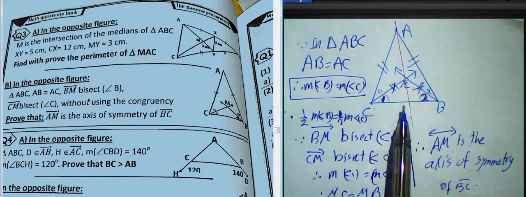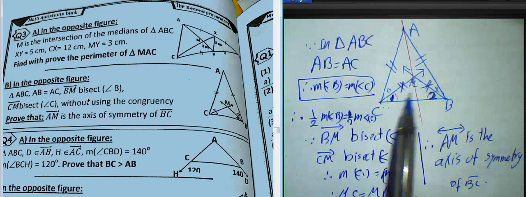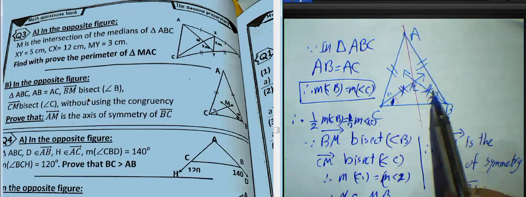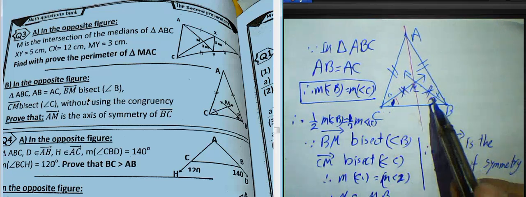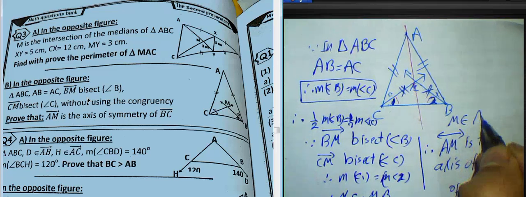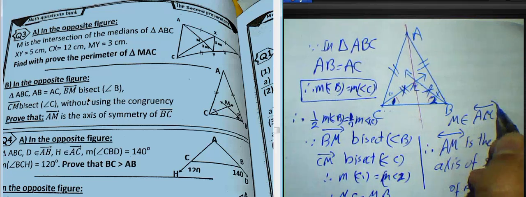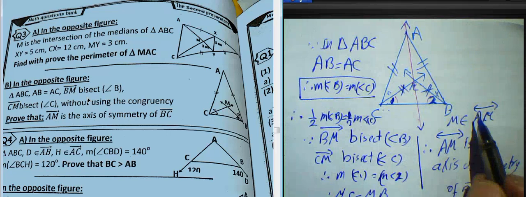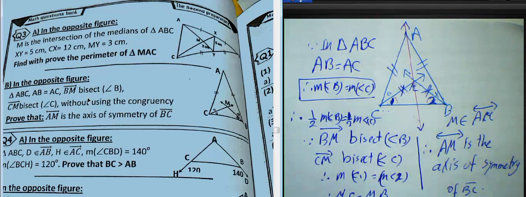We proved that MC equals MB and we have AC equals AB. Then we have two straight lines of equal lengths and two straight lines of equal lengths, and the side MC equals MB. So M must belong to straight line AM, and A lies on straight line AM.